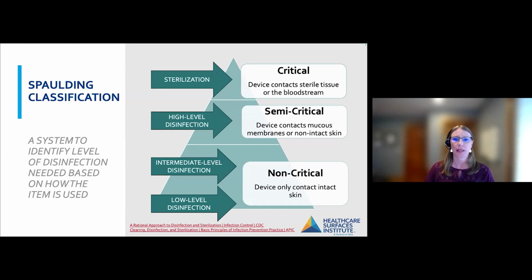Coming down one level, we have semi-critical. These are devices that contact mucous membranes or non-intact skin. So those endoscopes that you would normally have used on you for a colonoscopy, for example, undergo high-level disinfection. But as we have noted with the outbreak that occurred with our duodenoscopes, a very specific type of endoscope, there may be an opportunity for those scopes to undergo sterilization.